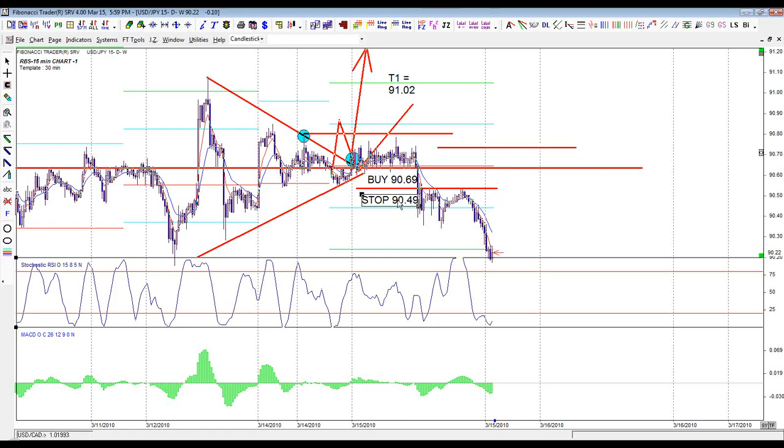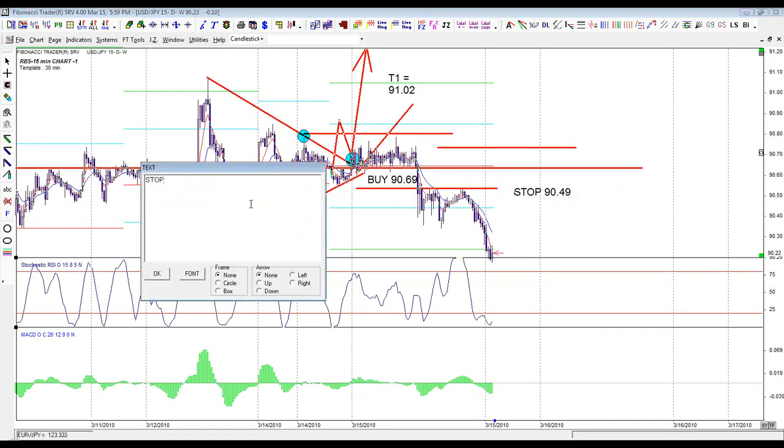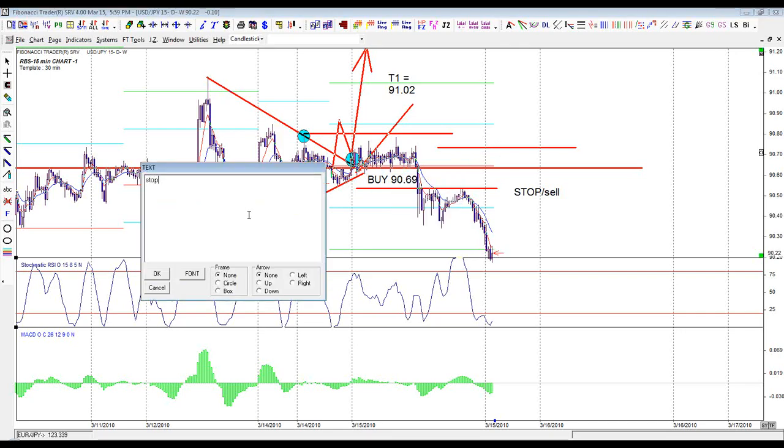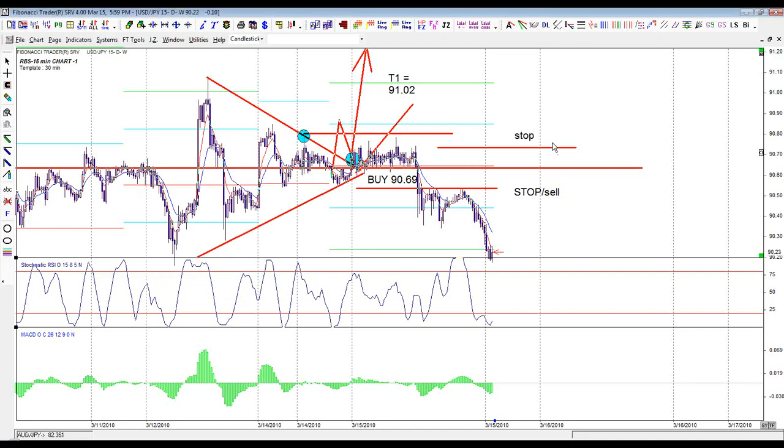So I will have a stop sell order, and then I'll have my stop above the middle line, and the stop sell will take me in short. Now if the numbers come out good, the market will move to the north and it won't even touch my entry.